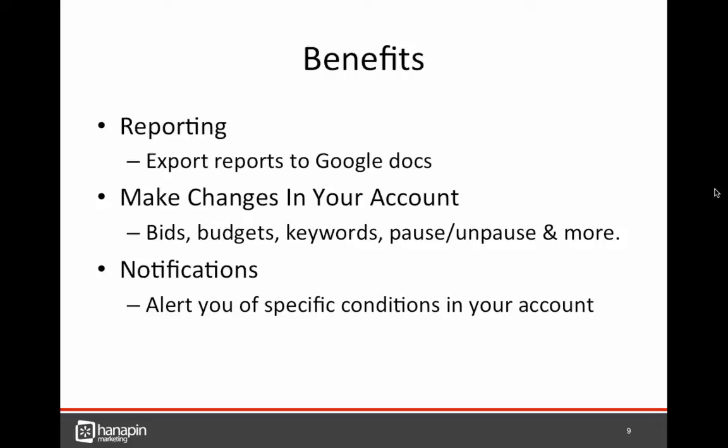And then something we do at Hannapin, so I don't know if you want to talk about this a little bit, Jacob, but setting up notifications for alerts. Yeah, it's an interesting thing. We talked a lot about reporting or getting the numbers, but one thing these scripts can do is you can set up an email, and to really simplify it, you can look through your metrics, and if there's a certain ratio between days or weeks, or maybe months, you can get an email alerting you to that, and you can know, well, I should go in my account and check that out.